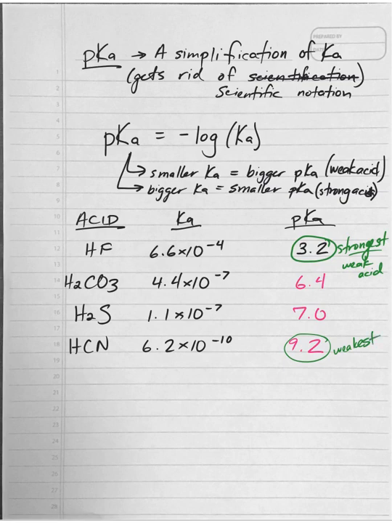So this is the biggest pKa, but the smallest Ka. So a smaller Ka and bigger pKa equals a weaker acid, and a smaller pKa and bigger Ka value is a stronger acid.